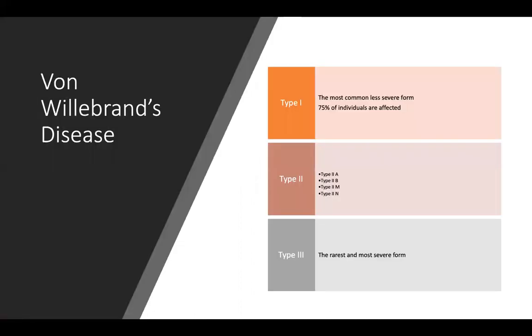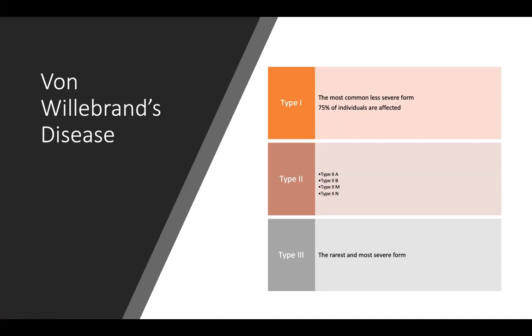And so there are different classifications of von Willebrand's disease. We have type 1, type 2, and type 3. Type 1 von Willebrand's disease is considered the most common and mild form, where 75% of individuals are affected.